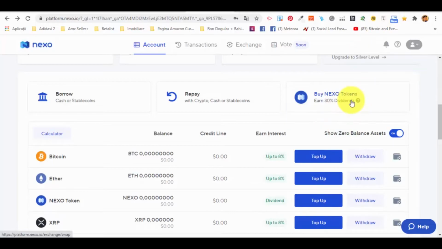You earn 30% dividends, obviously according to how much Nexo is in the platform. 70% they reinvest in the platform into developing it and earning even more. Okay, it's a pretty good deal, we think. So these are the two platforms that we recommend for lending. Obviously there are many others out there, but these are the two that we recommend.